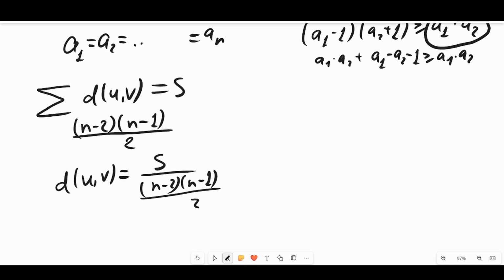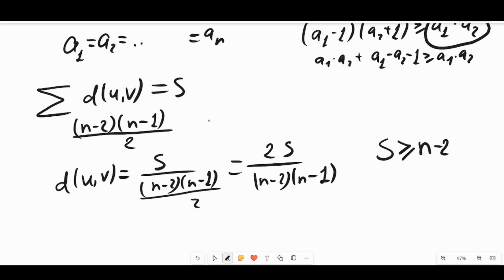Clearly this equals 2 times S over (n minus 2) times (n minus 1). If we want to find the minimum of reciprocals, we need to take each of them equal to this number. And what do we know about S is that S is greater or equal to (n minus 2) times (n minus 1).